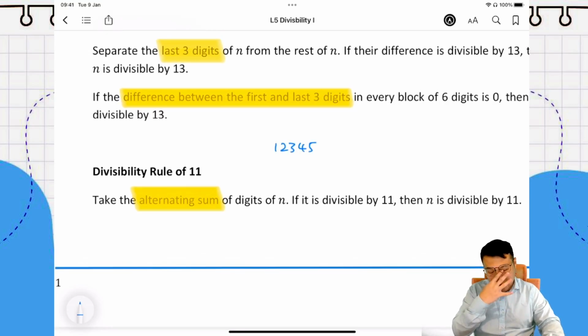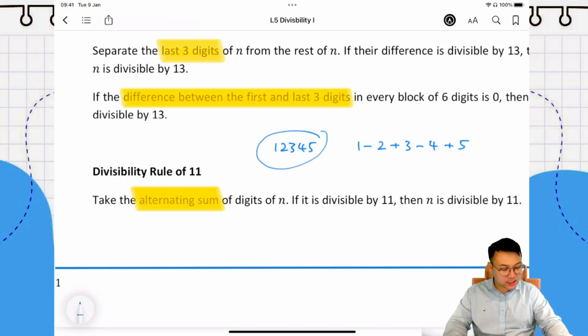What is the meaning of alternating sum? That means this is positive, then after that negative, then positive, then negative, then positive. That is the meaning of alternating sum. Instead of just finding the total sum of all the digits, you must find the alternating sum of digits.